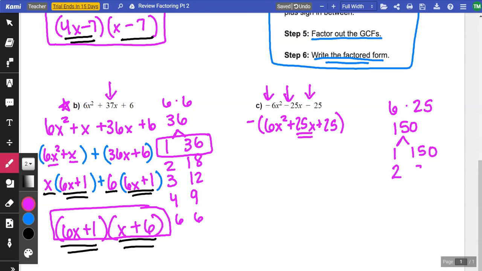So we have 2 and 75, 3 and 50. Does 4 go in? Nope. 5 does. 5 times 30. Ooh, hey, I can get 25 by using 5 and 30, so let's give that a shot.